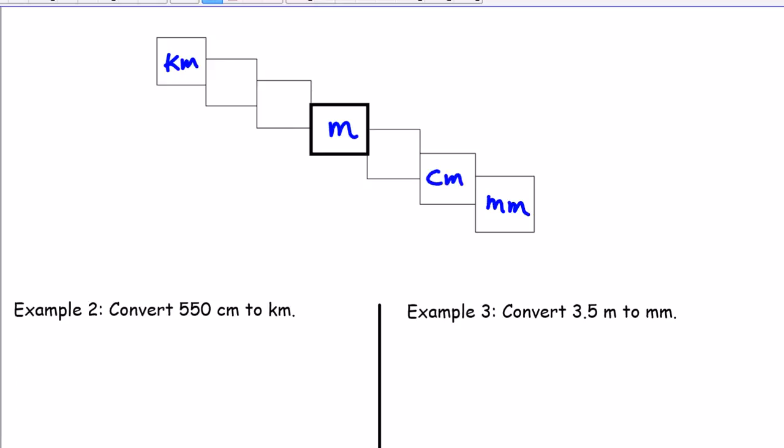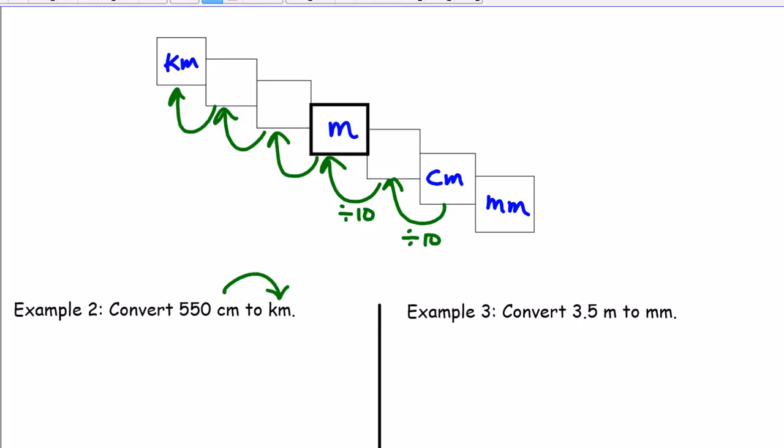And then basically, if you want to convert from centimeter to kilometers, that will be 1, 2, 3, 4, 5. So each of these is divided by 10. Remember, you're dividing by 10 each time. So overall, that is equivalent to dividing by 100,000.